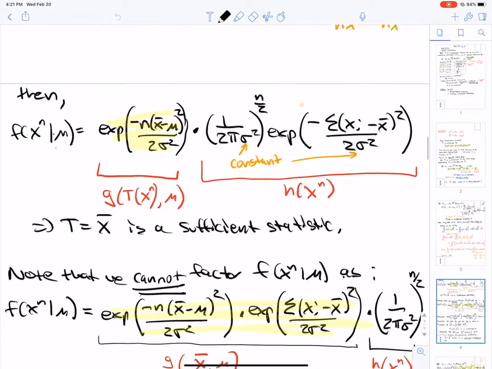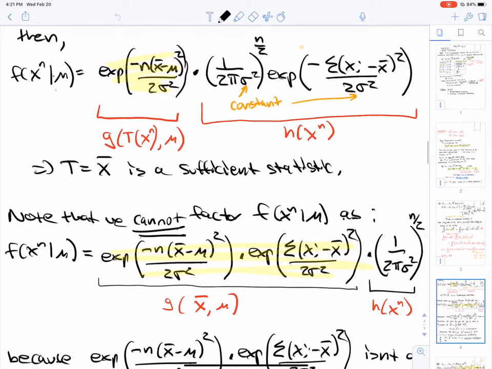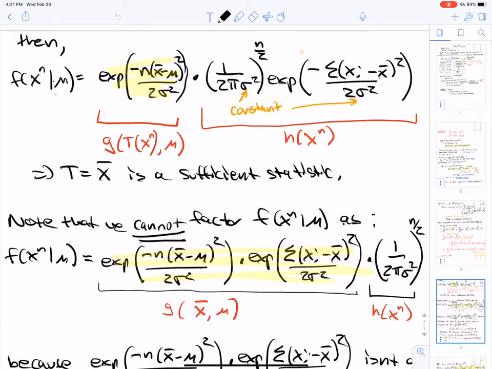We can rewrite it this way, and we see that the left piece here is our function of T and mu. Here sigma squared is a constant like 5, and then h of x is the part on the right. So by the factorization theorem, x bar is a sufficient statistic.